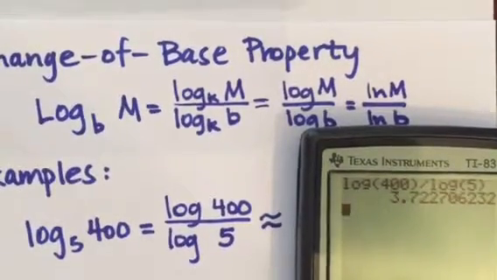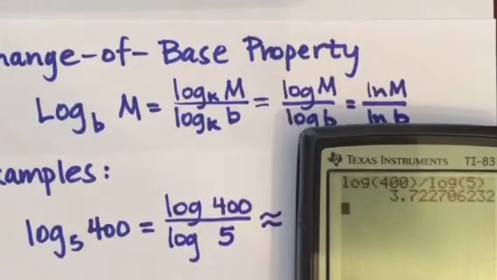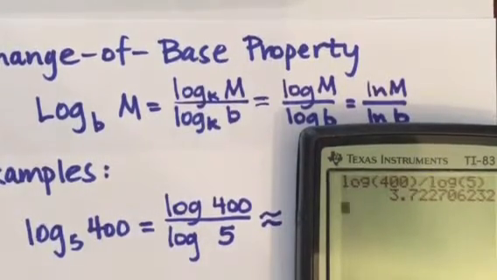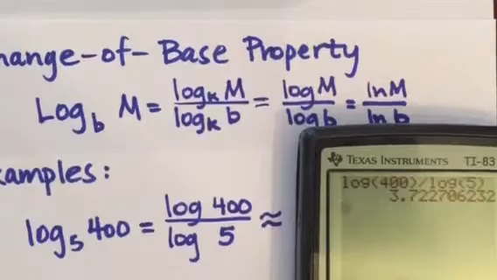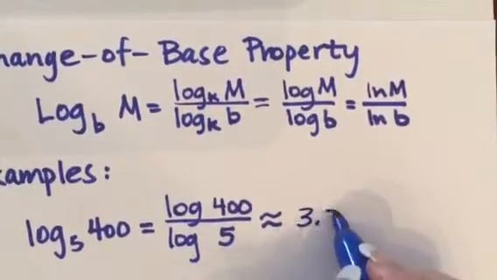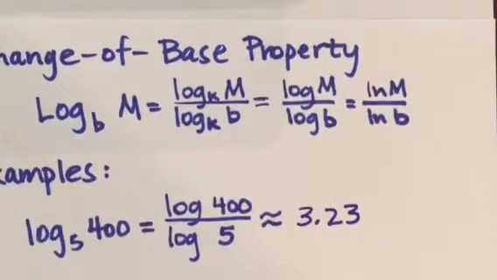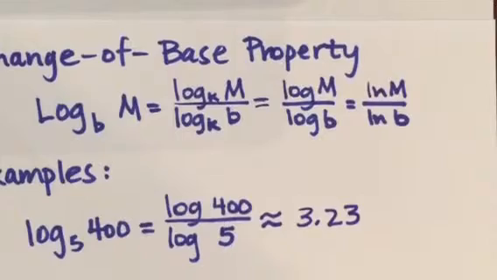And I get for my answer 3.7227. Let's use 3 decimal places here. So we'll say about 3.723.